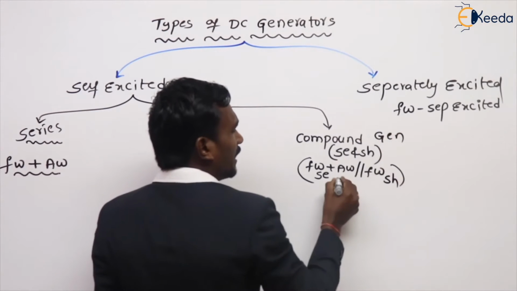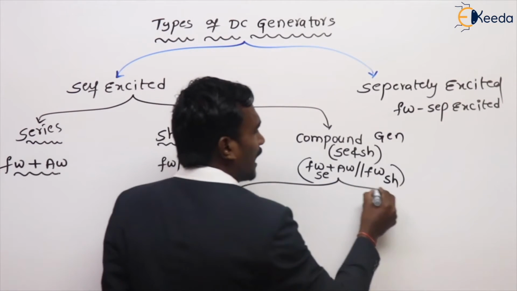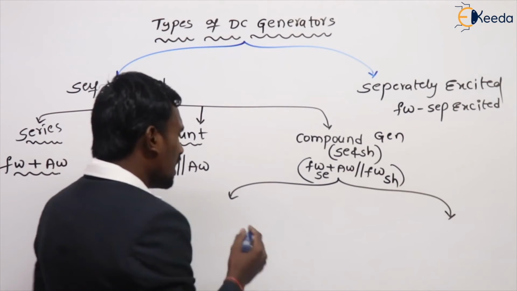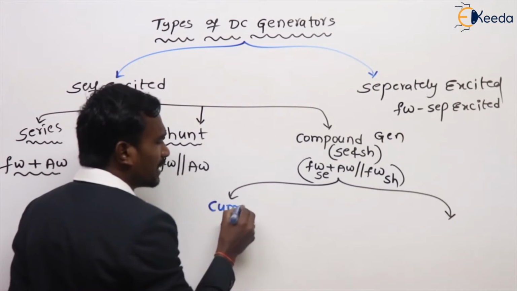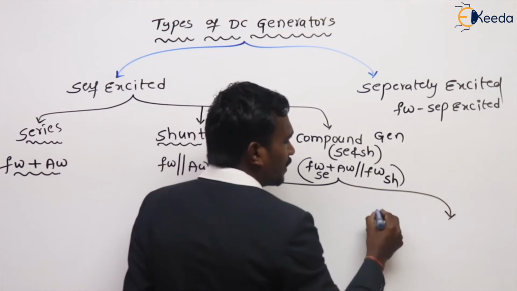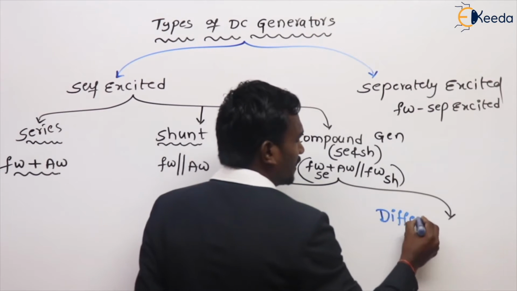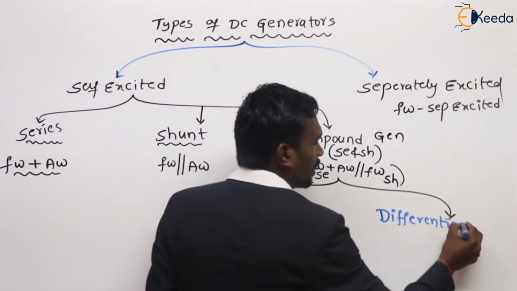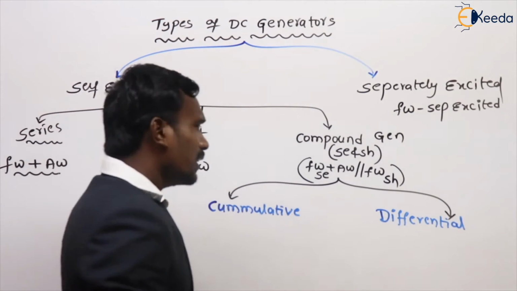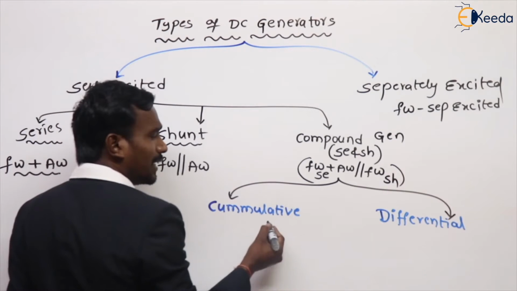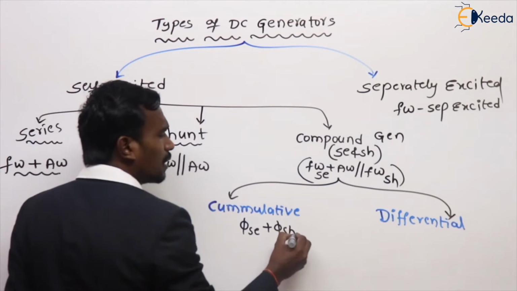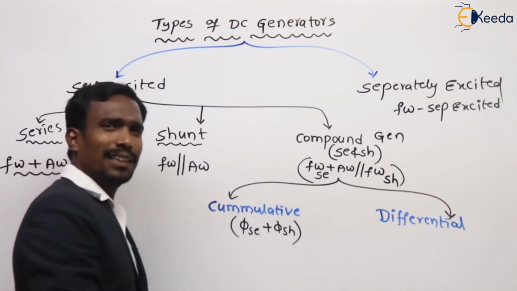These compound generators are again of two types. What are those? One is the cumulative compound generator, and the next one is the differential compound generator. In a cumulative compound generator, the series field flux and shunt field flux are in an additive manner.